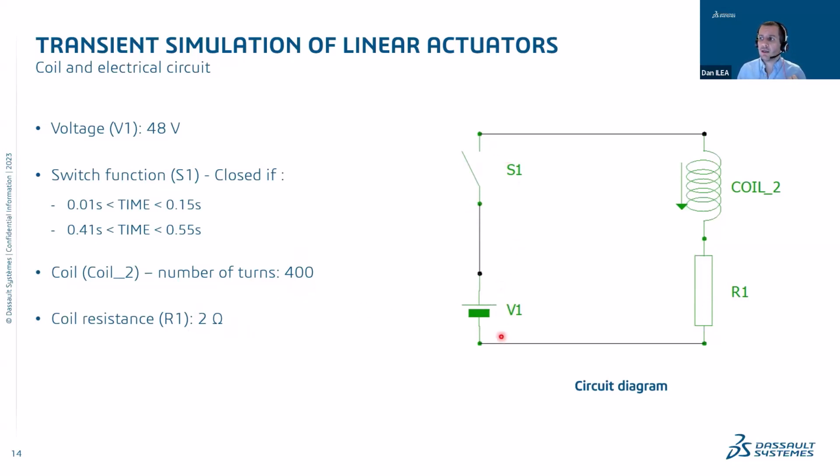The other two components are a DC voltage source at 48 volts, and a switch in series with our voltage source and the winding. We've defined a switching function for our switch based on time. So we define the period of motion, and the switch will be closed and open depending on where we are in the simulation.